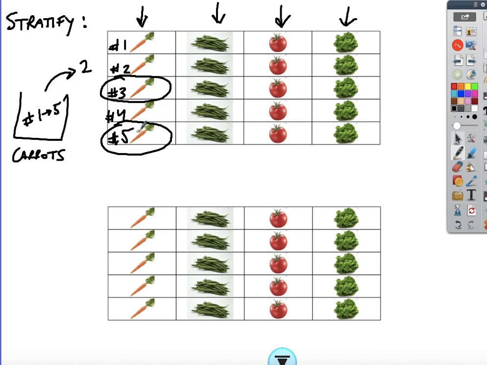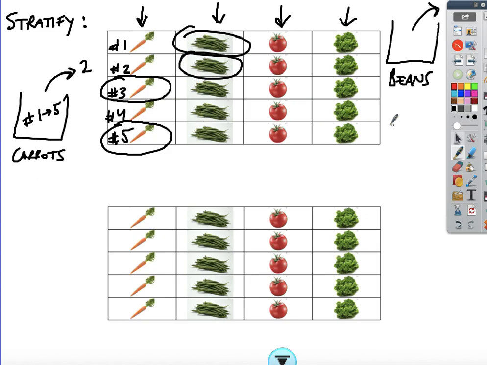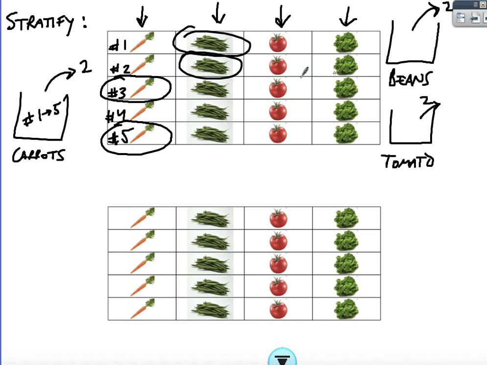Those would be the 2 carrots I would use. And then I would do the same thing with beans, and I would draw out 2 beans. Maybe I draw out the first and the second. And then I do the same thing with tomato, and I draw out 2 tomatoes. So maybe I draw out the second tomato and the 4th tomato. And then I do the same thing with the lettuce.